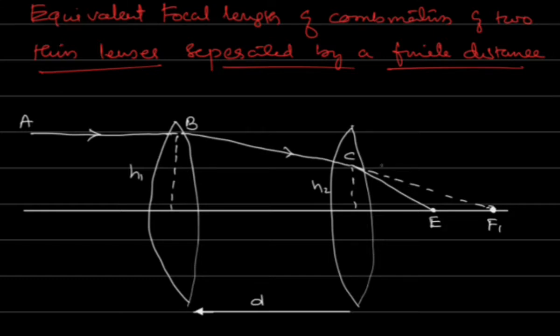So now what we'll do here, we'll extend the incident ray, the first incident ray, that is parallel ray of light to the principal axis. And another ray, that is the emergent ray from the second lens, we will extend in the backward direction. That ray cuts the incident ray, and we will name that point P, and draw one perpendicular line on the principal axis which cuts at that point P.